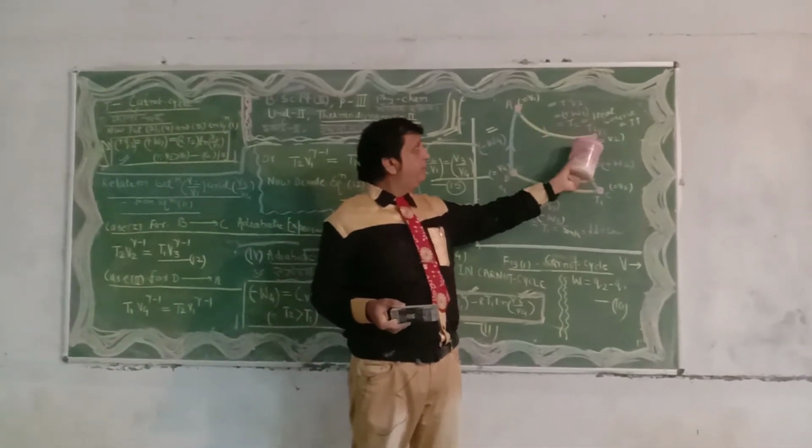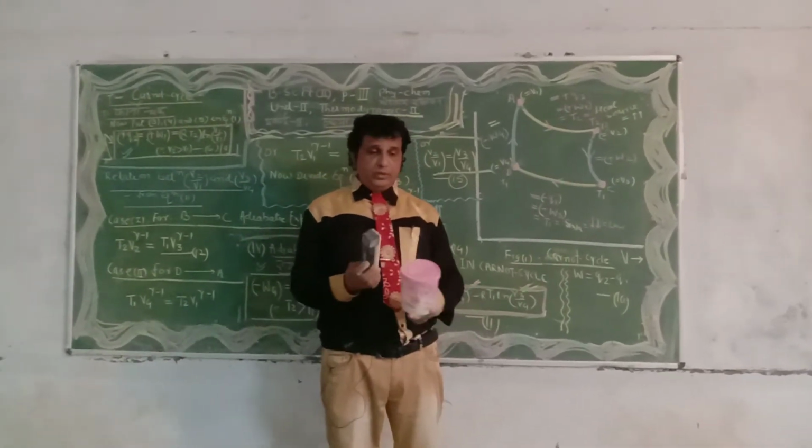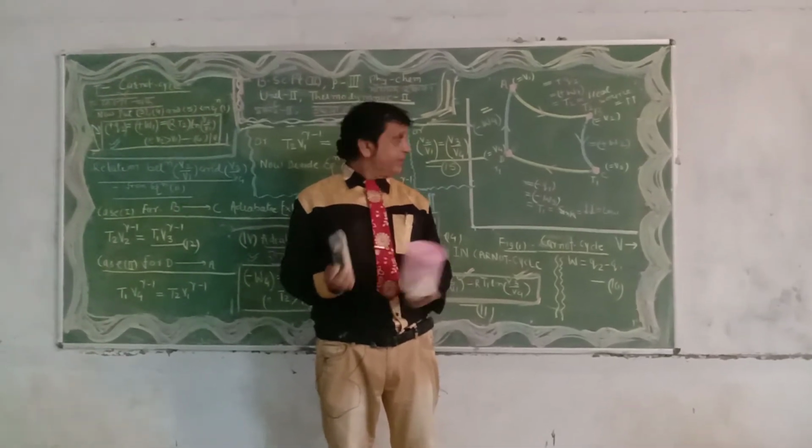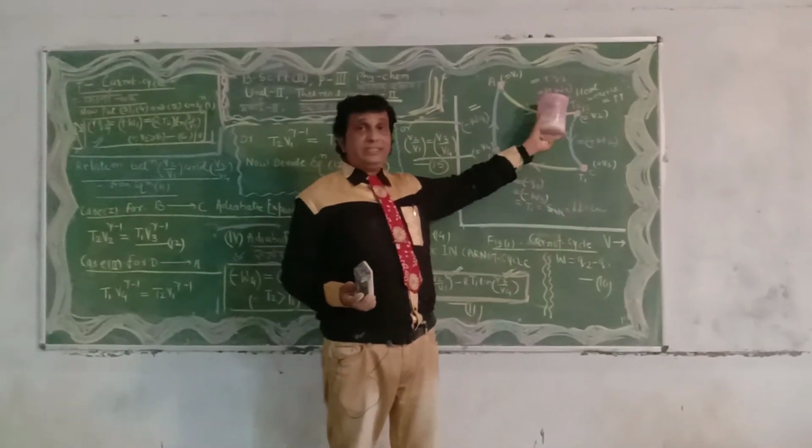In A to B, the temperature is T2 having the higher value. T1 is low, T2 is high.